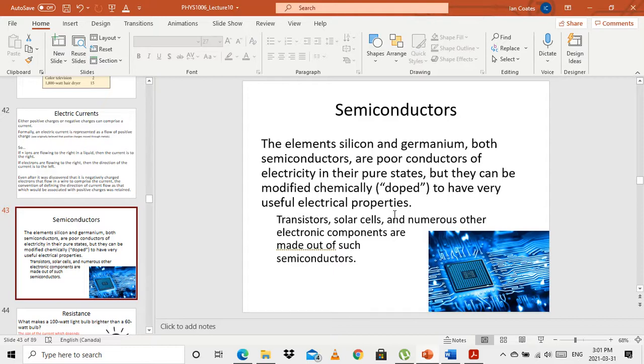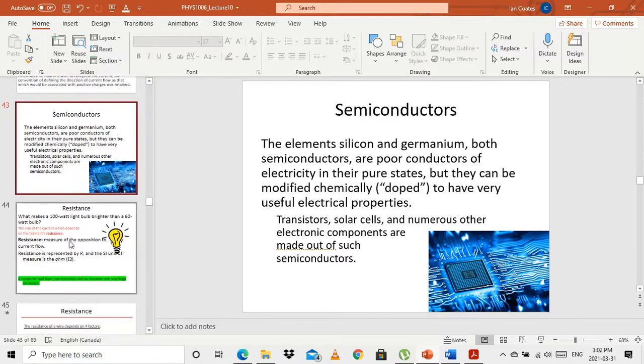Transistors, solar cells, numerous other electronic components are made out of these, and they're just getting smaller and smaller and smaller. I think it was the CEO of Intel back in '68 who said that every 6 months they're going to double in strength and decrease in half the size. And I think it's pretty much held true over the past 50 years.